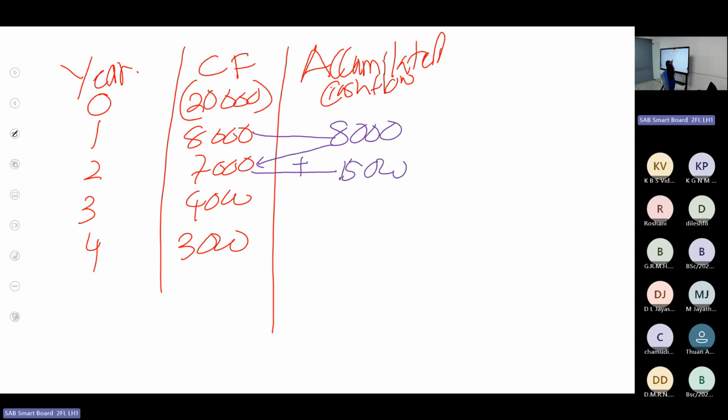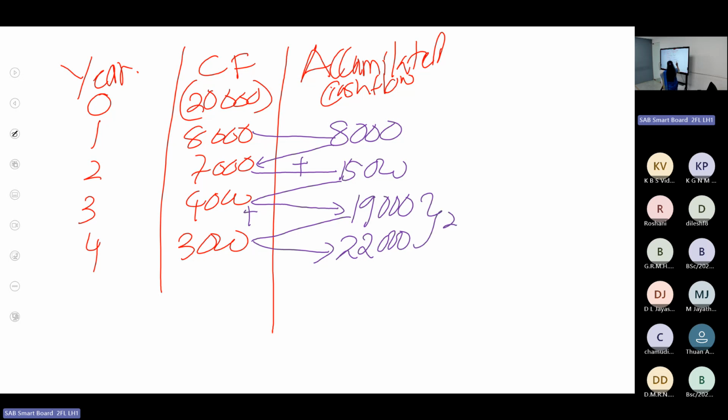At the end of the third year we have 19,000. And at the end of the fourth year, you have 19,000 plus 3,000, which means 22,000. But how much is our initial investment? That's 20,000.